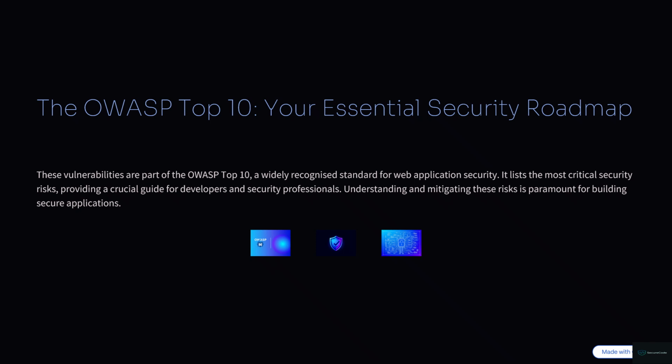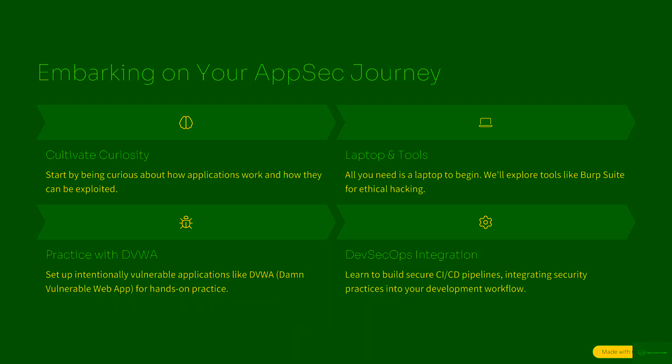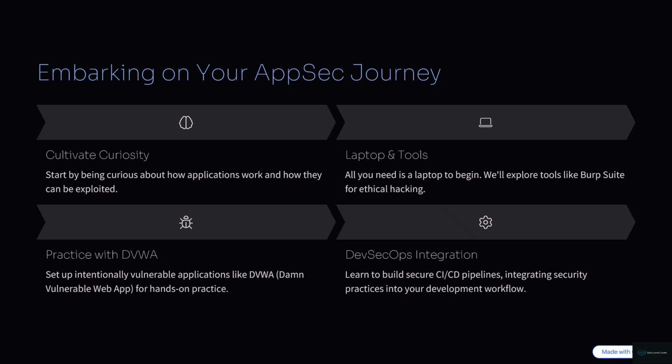Moving to the next one: embarking on your AppSec journey. To get started, you don't need to be a hacker. You need curiosity and a laptop. We will cover everything from setting up vulnerable apps like DVWA, using tools like Burp Suite, to building a secure CI/CD pipeline with DevSecOps.